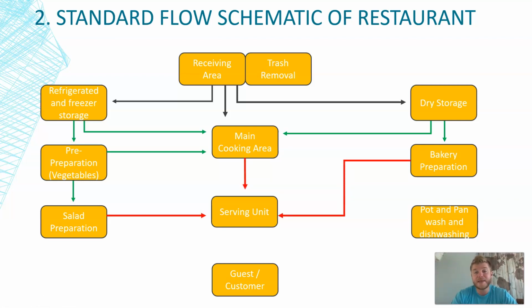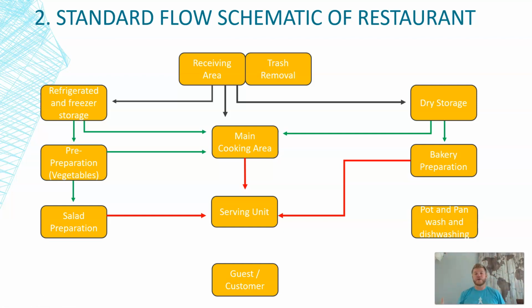And then the next step is when we apply heat for the final time. So there is a main cooking unit or area. They usually call it the hot line. That's basically where we apply heat for the last time to our meals before they go to the particular customer. Now, this typically goes to a serving unit. This could be just one counter in front of all the cooks, where once they're done making all their meal, they put it up and they plate it.